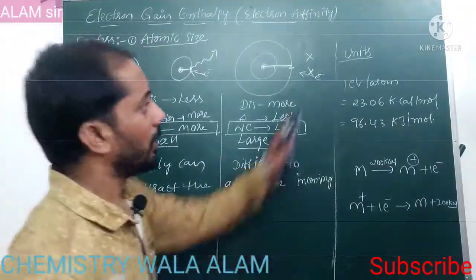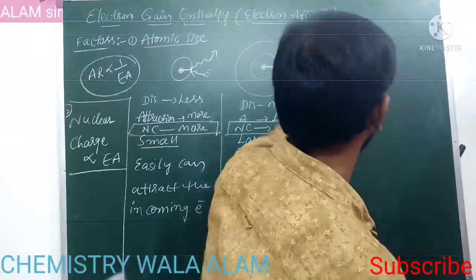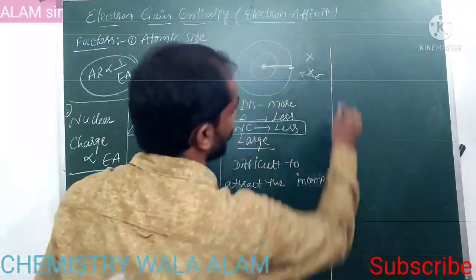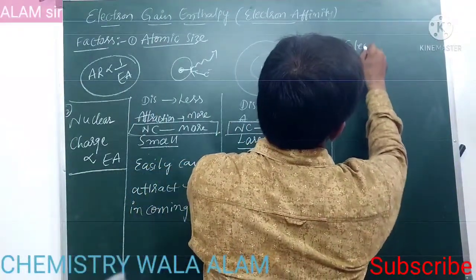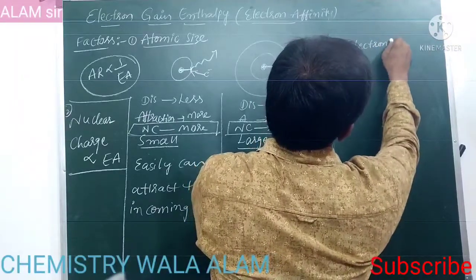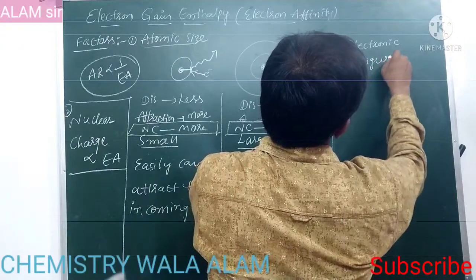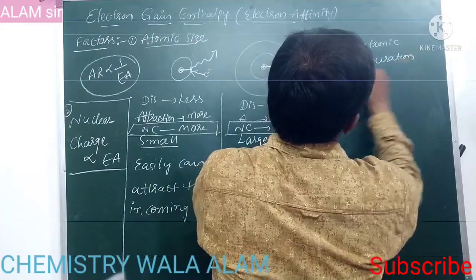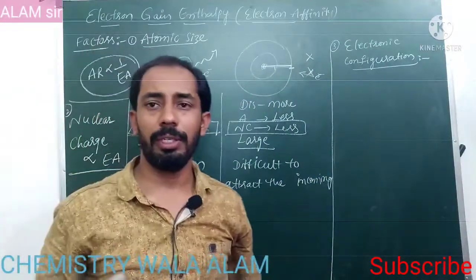Next, the third factor you can see is the electronic configuration. How can the electronic configuration affect the electron affinity?